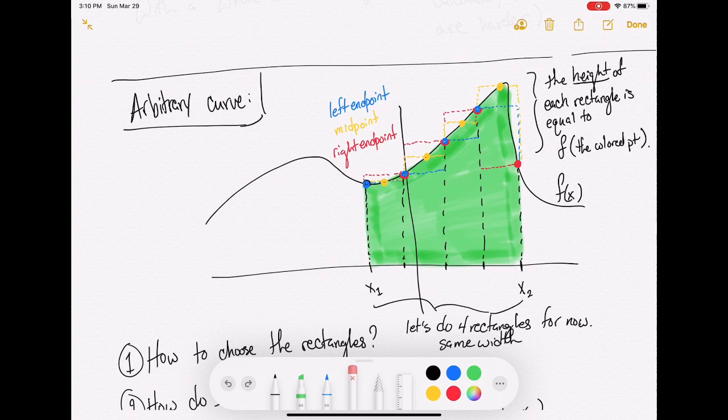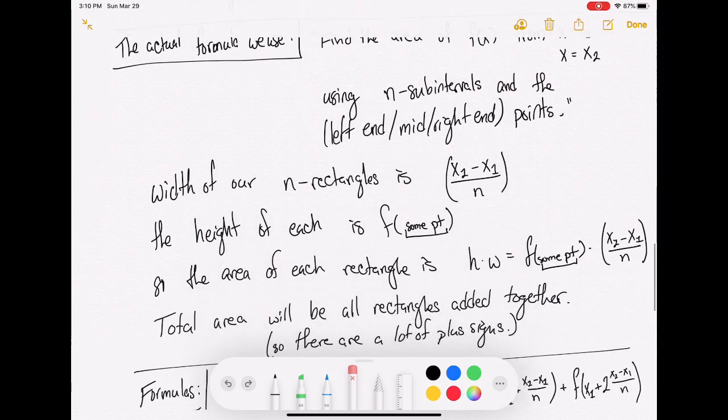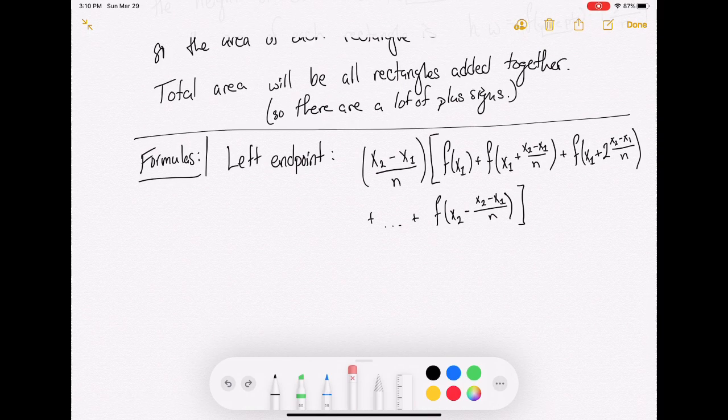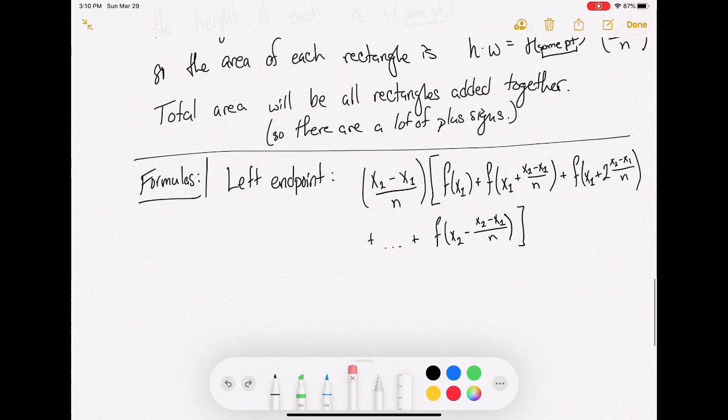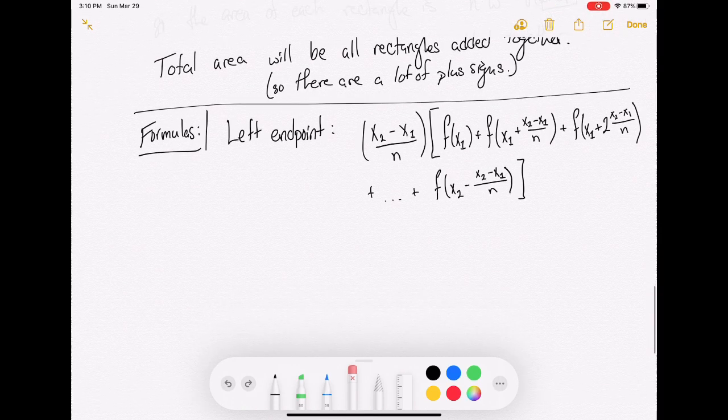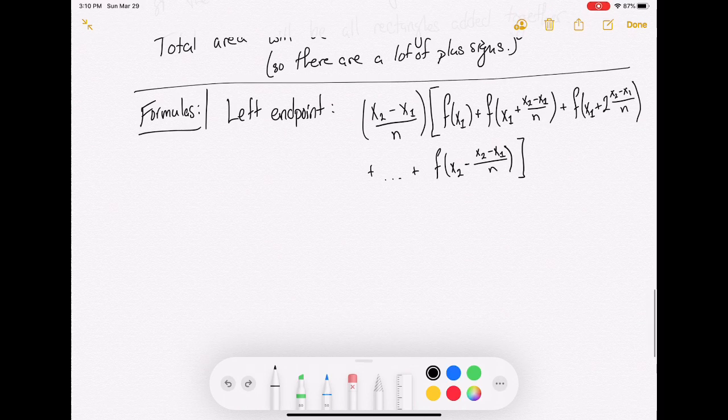So you step to the right until you end up really at x2 minus one of those widths. And that's not remarkably clear what that's going to be. Another way you can think about this is, its equivalent, we're going to have the same thing out front, x2 minus x1 divided by n.